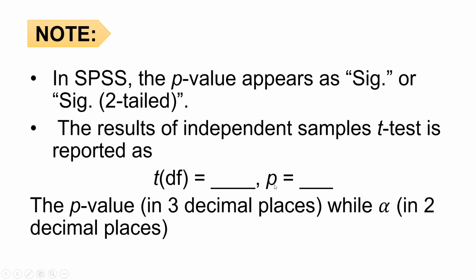Note that the p value, which is your sig or sig two-tailed, will be reported in 3 decimal places, whereas alpha will be reported in 2 decimal places. For our case, we will just use alpha equals 0.05.